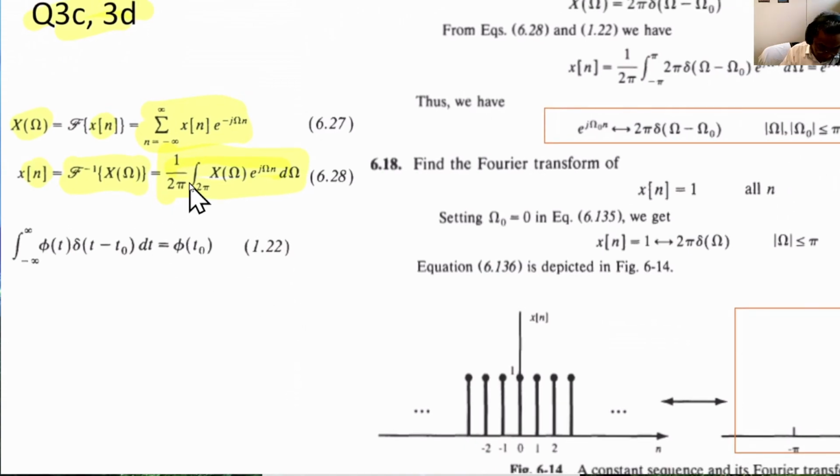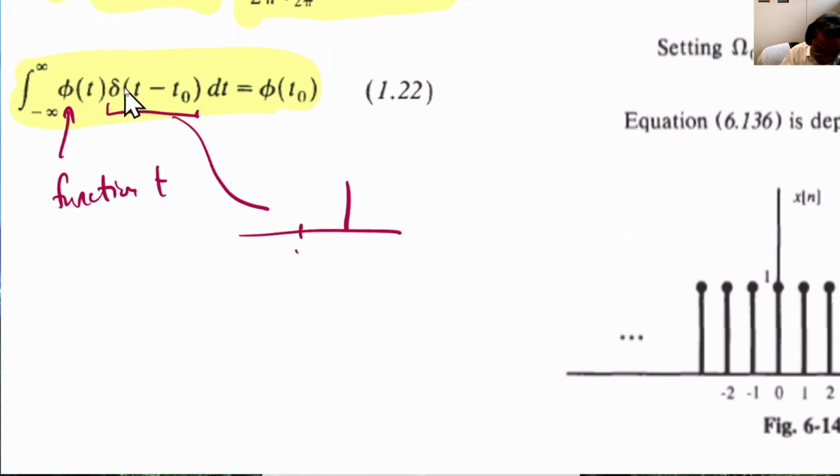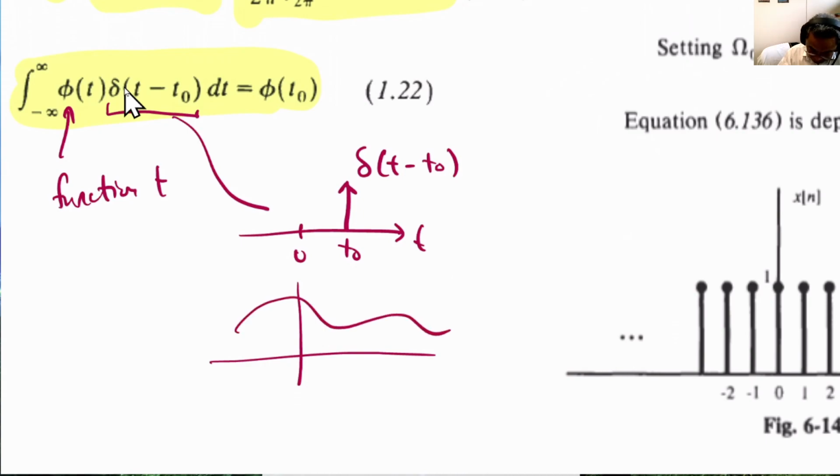Now, we're going to use the shifting property. Let's assume that this is some function of t, and now we have a delta function. The shifting property of the delta function is this: when we multiply a delta with the function and integrate, remember what this means is that at this time t naught, there is a delta here. This is delta of t minus t naught, and now assume that we have a function phi of t.